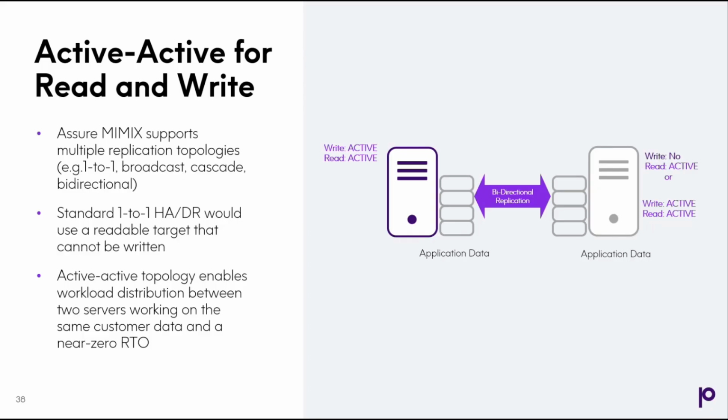But in addition to that, you can even do active for write workloads. And this one is less common. There's not that many people who do this, but I think more people kind of wish they could. And so Mimics fully supports active. You do have to have keyed physical files, so you have to be able to identify the records individually, uniquely.